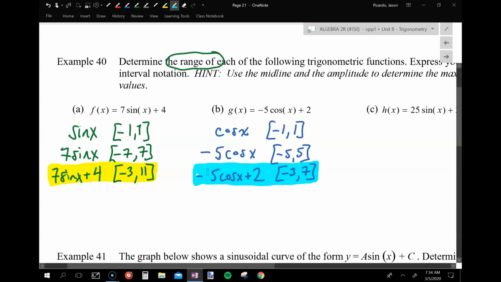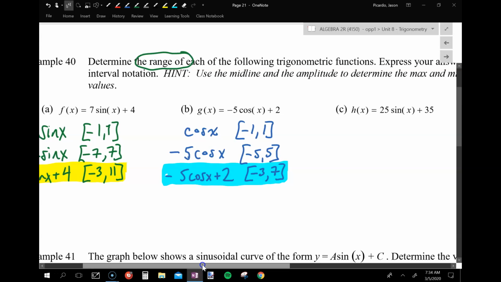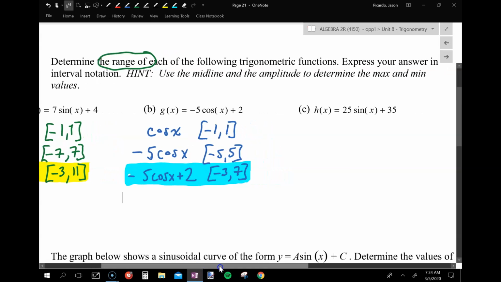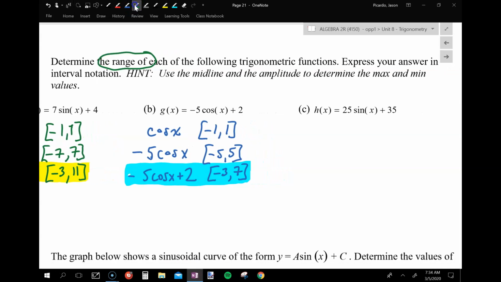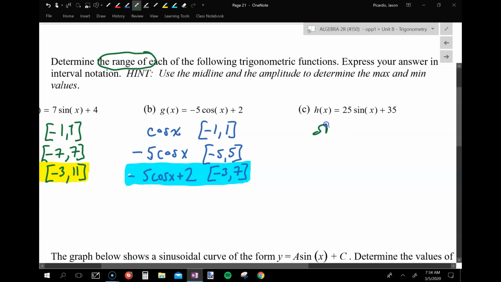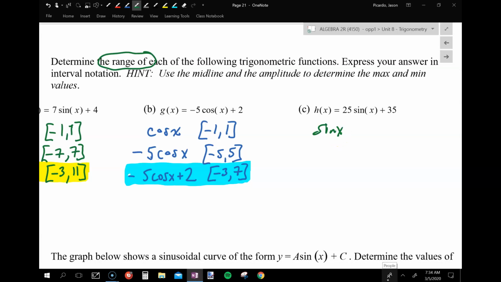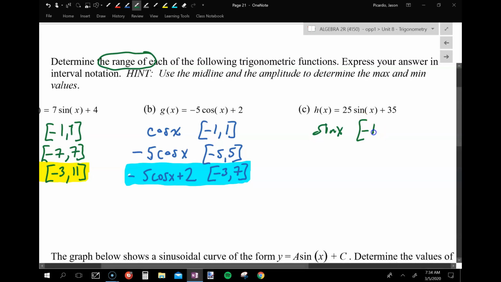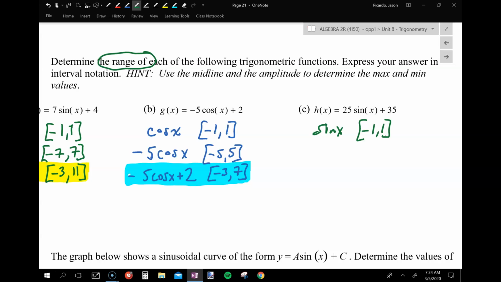Is that cool? All right. All right. Sine, ready? Just regular sine. Okay. Still -1 to 1, right? The 25 makes it 25 times taller in a sense, right? Or stretched.